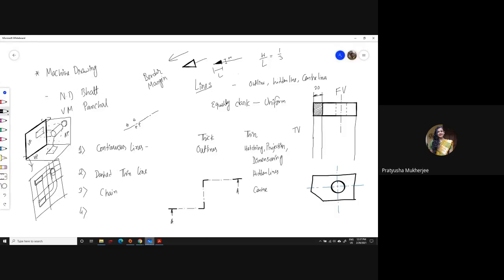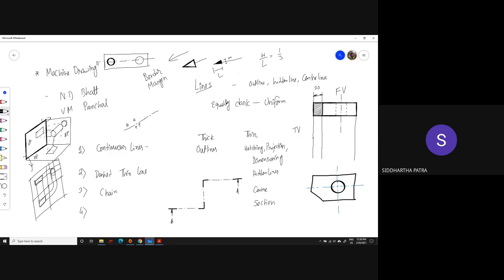Yes, to represent section. Imagine you are working with a component that looks like this. On the top view, it's a rectangle with two circular holes. And I'm drawing this type of a section line.